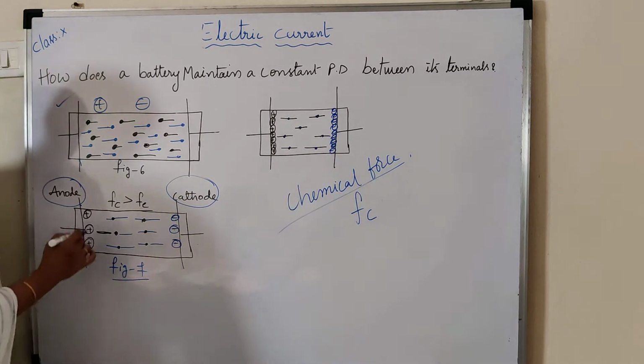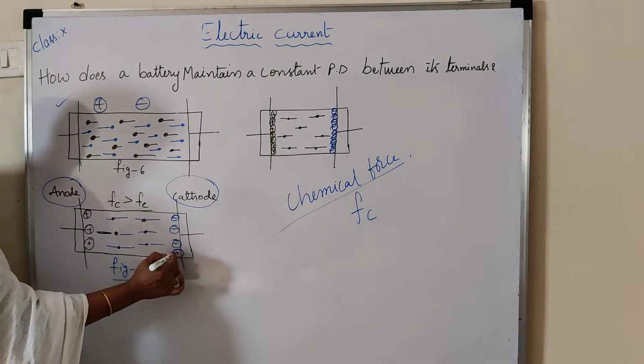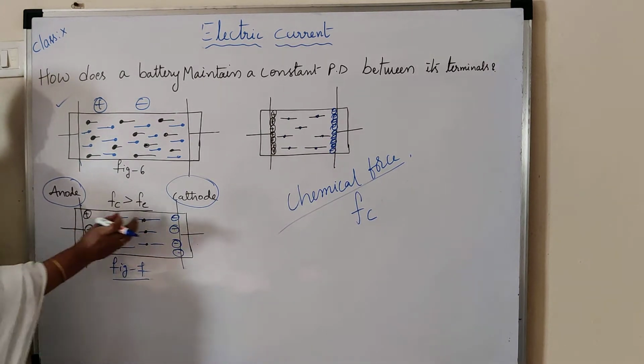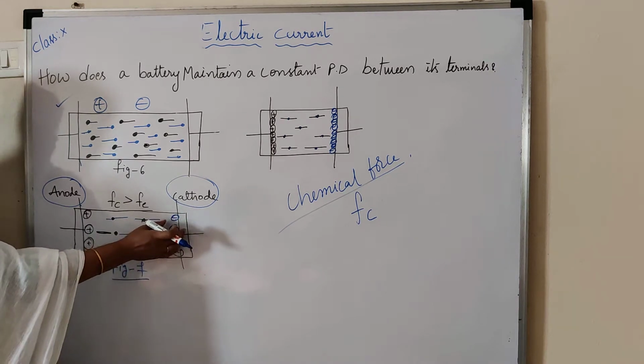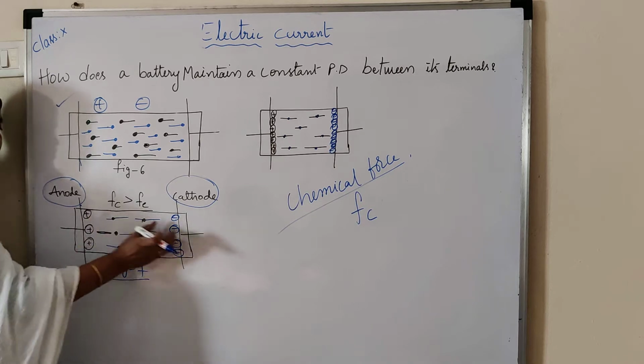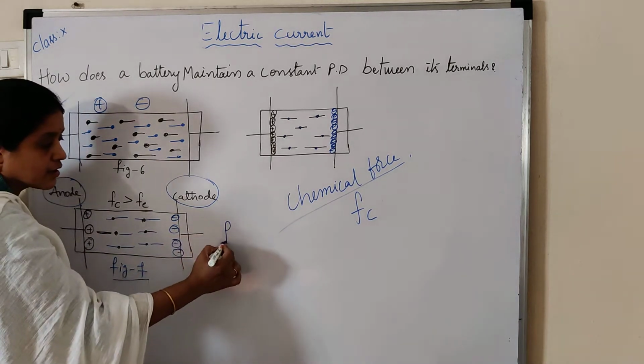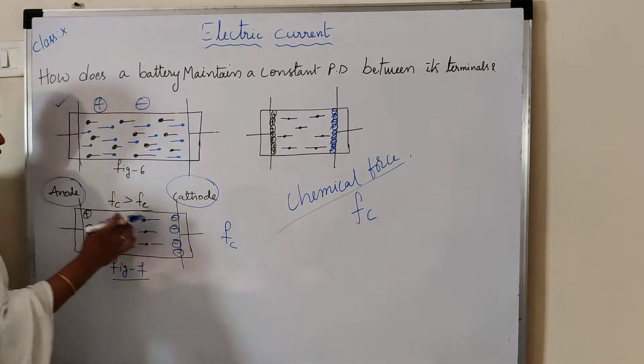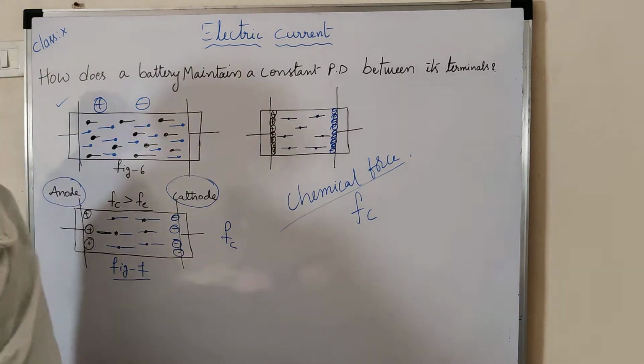it is not satisfied here, where 4 are there. Okay, I will take here 4. Here 3 and 4 are there. Till we get the same number of ions on both ends, this chemical force is acting on the ions in the battery.